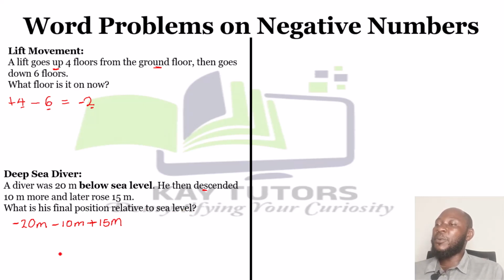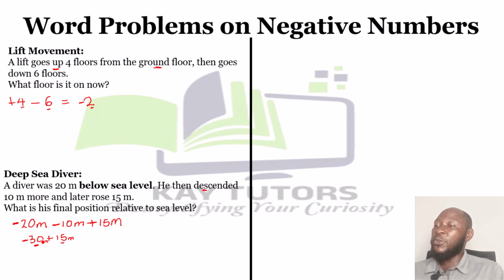This is very simple. Now, if you have negative sign like this and negative sign, since they are the same signs, all you need to do is to plus. So this plus this, I'll get 30. Now, are they the same signs? Of course, yes. And what signs are they? Negative. So I'll minus there. Now, plus 15. Okay, all in meters. Minus 30 plus 15. 30 here is bigger than 15.